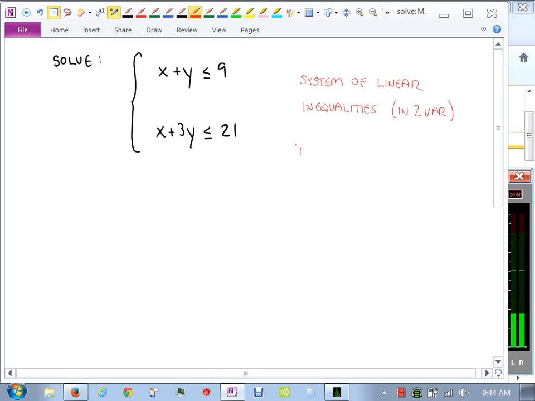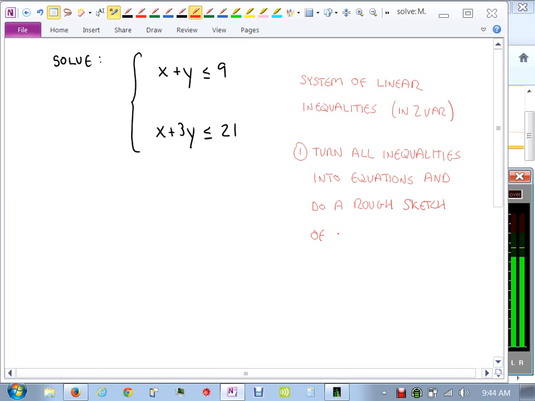First thing we're going to do is turn all inequalities into equations and do a rough sketch of all of them.